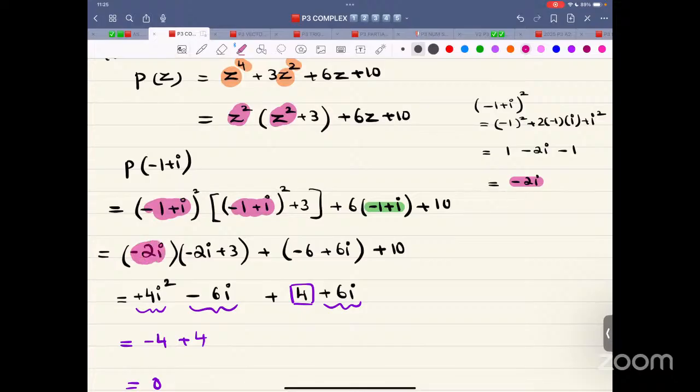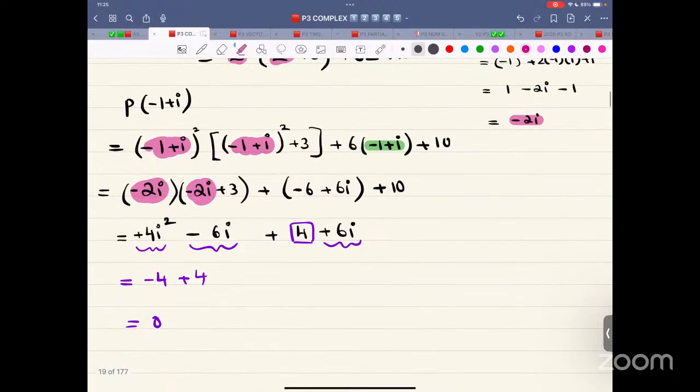So this is negative 2i, this is negative 2i like this, plus 3 is there. And then you have to open up the bracket. So opening up the bracket with this, opening up the bracket with this, taking care of this plus sign, taking these two, multiplying with this, and look at all the working, it should come out to be 0. Yes, mistakes do occur in this. You have to be very, very careful. That's all I can say.